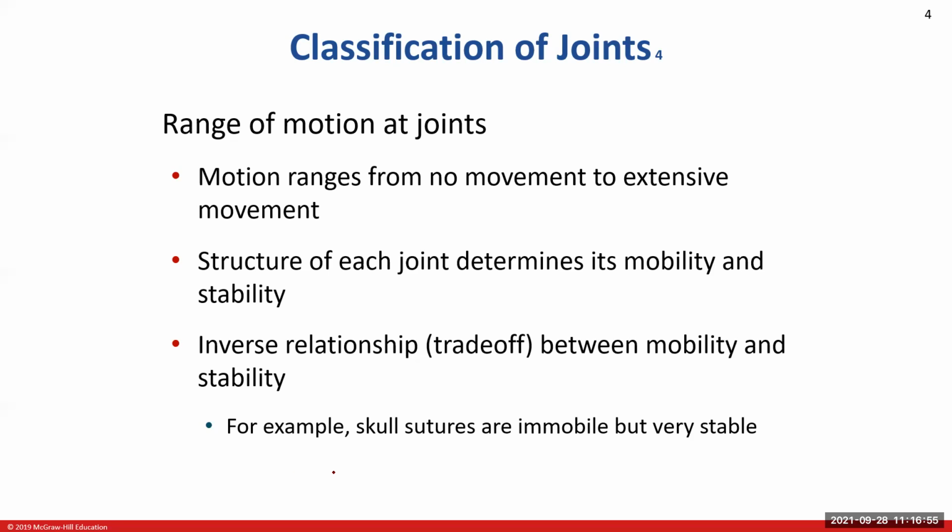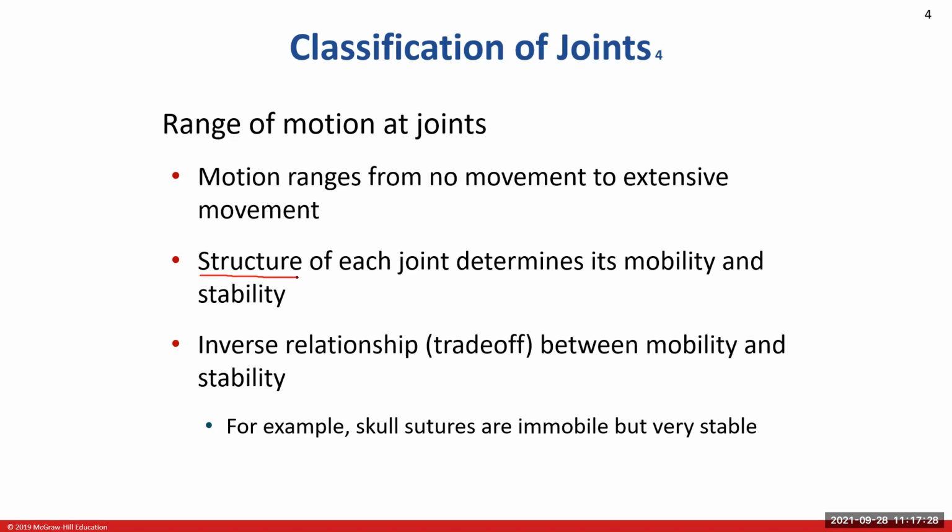You saw on the previous slide how some joints don't move at all, whereas other joints are freely movable. So you notice that the range of motion is quite diverse and extensive. It goes from no movement to a lot of movement. And basically how much mobility a joint is able to experience is highly dependent on the structure of the joint.